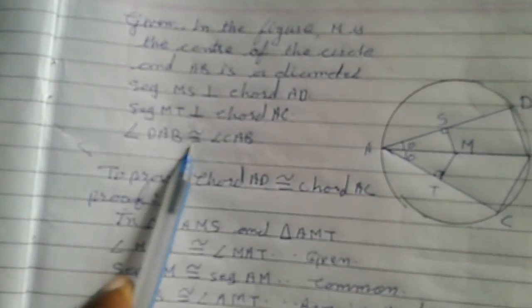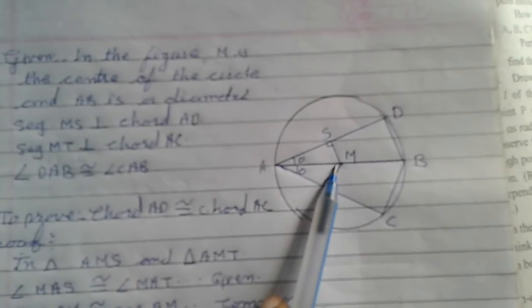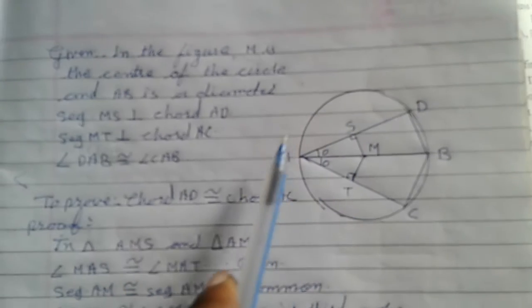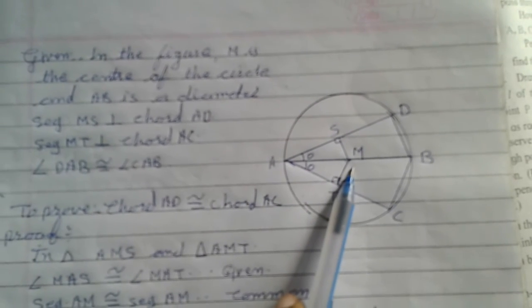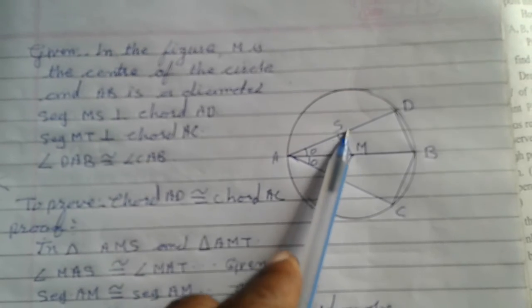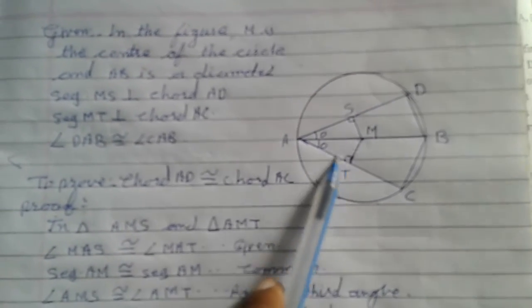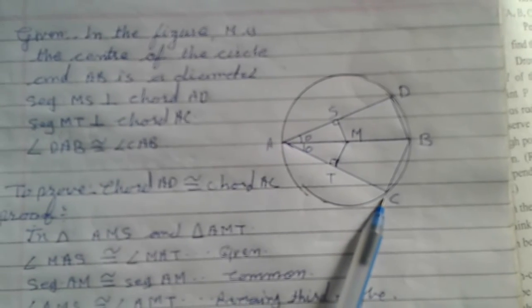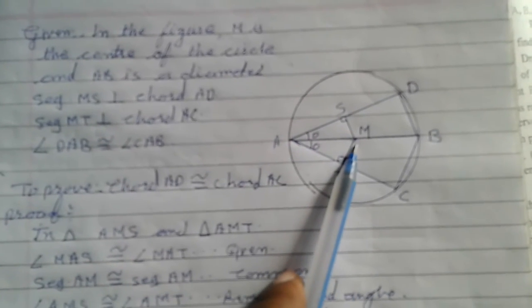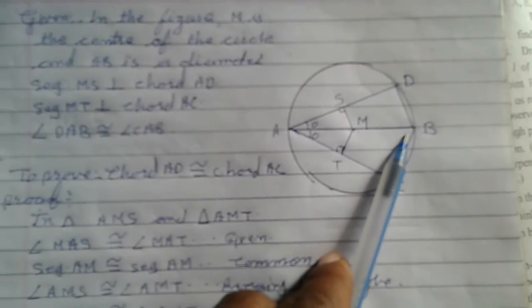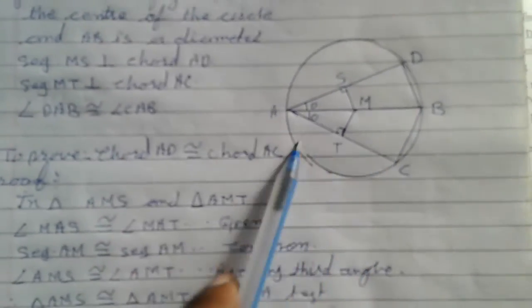Angle DAB is congruent to angle CAB. These are the given things. Now we will prove this.